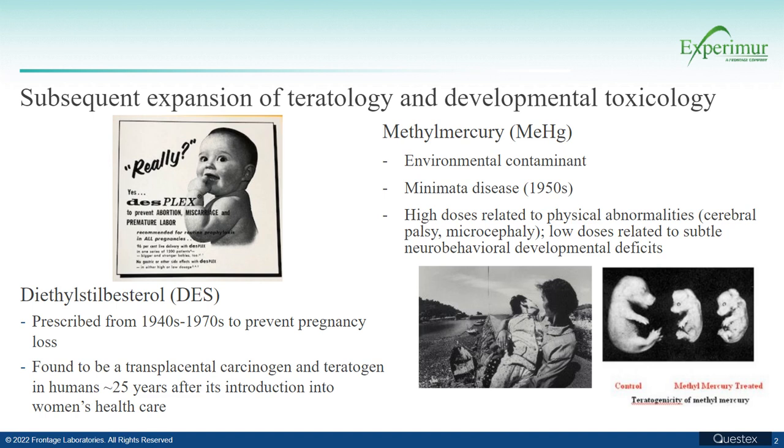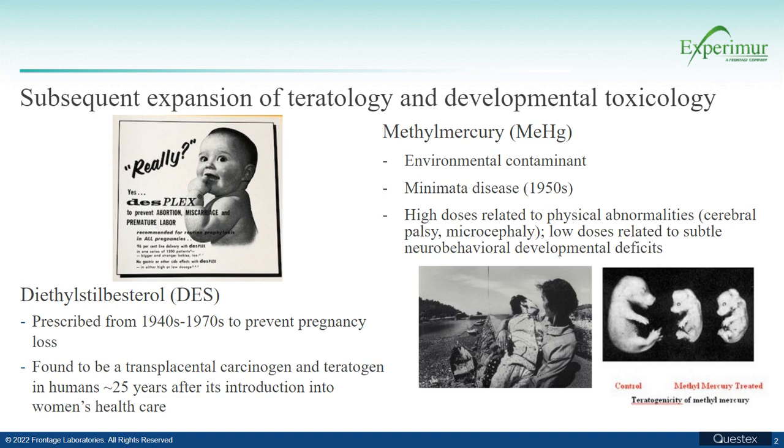It's an environmental contaminant. Probably one of the most characterized events of methylmercury poisoning was in Japan, and it was called Minamata disease. This happened in the 1950s, and this was acute poisoning. Adults that were exposed to high levels of methylmercury showed sensory disturbances.